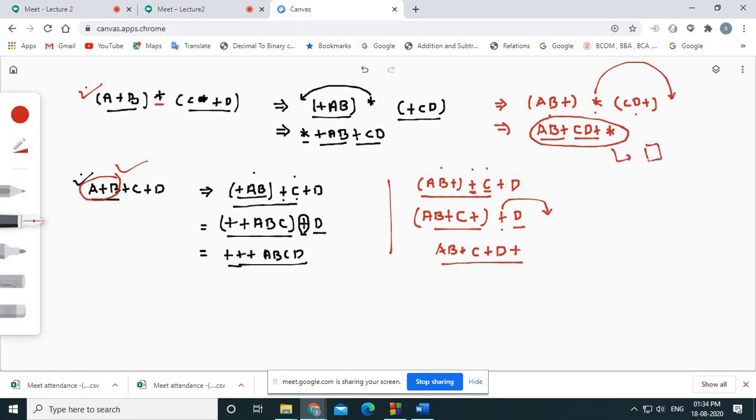A calculator cannot evaluate an infix expression, right? So we have to convert the infix expression into the postfix expression, or into the prefix expression, and for that purpose, as I said, we need to use a stack, right?